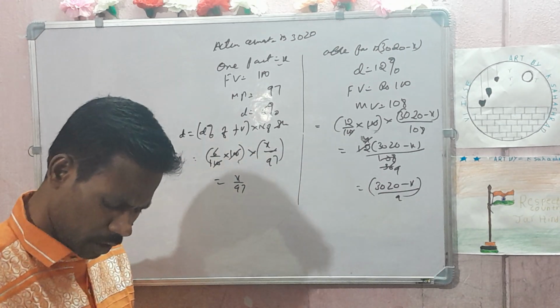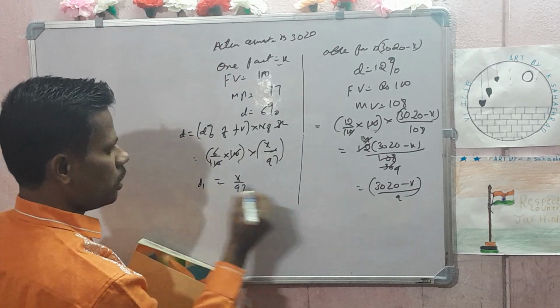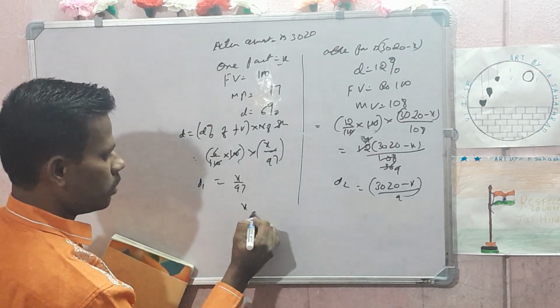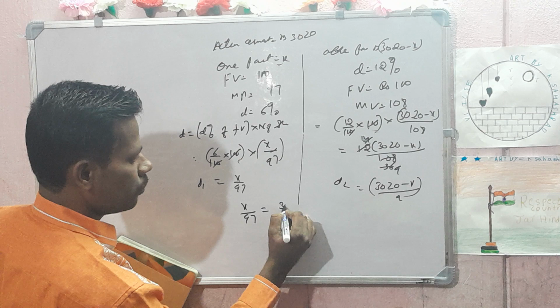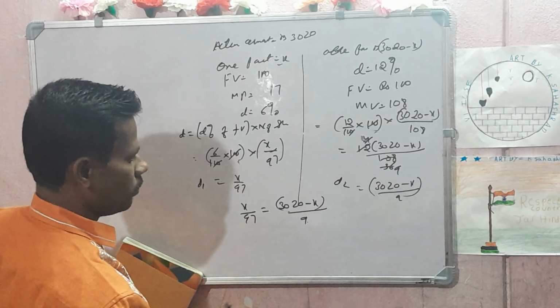What is he asking actually? If both bring the same dividend, this is D1 and D2. Same dividend means X by 97 is equal to 3020 minus X by 9.